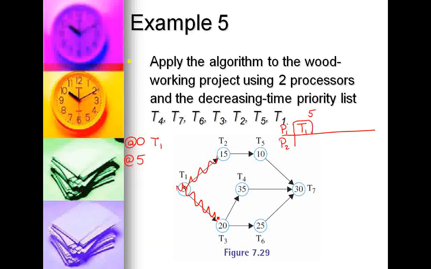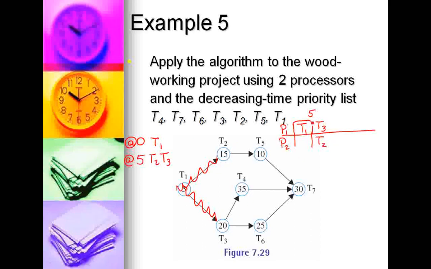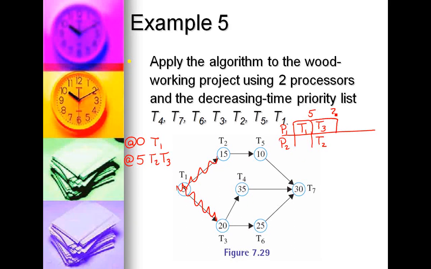That makes T2 and T3 ready. So at the 5-minute time slot, 2 or 3. 3 is the highest priority, so we put T3 up top and T2 in the bottom. So T3 has a length of 20, so that takes us out to 25. T2 has a length of 15, so that takes us out to 20.